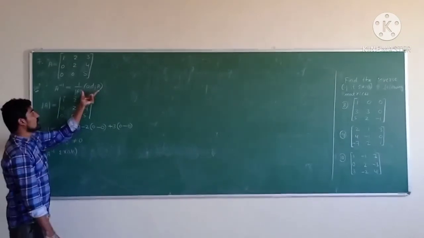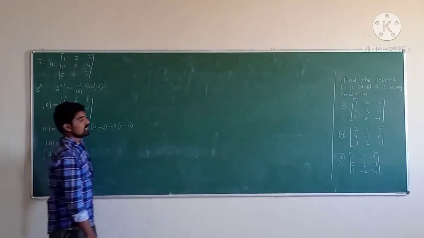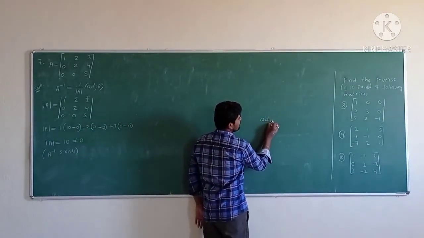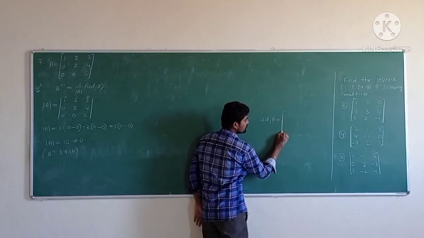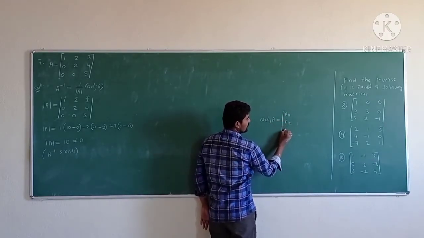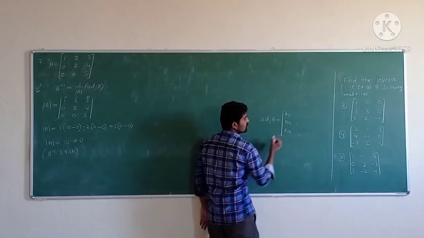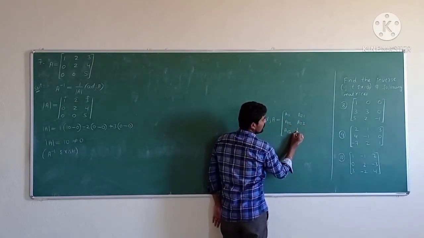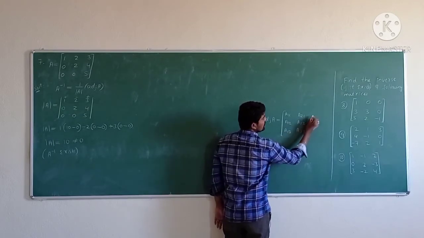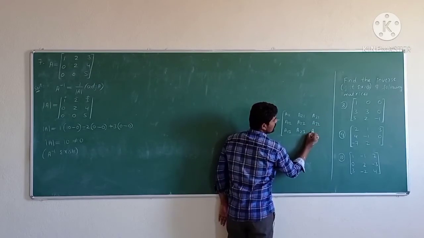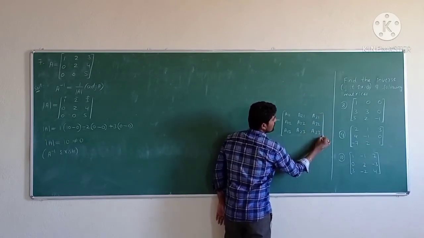And now we need to find the adjoint of the matrix A, and we know that adjoint of matrix A is equal to the matrix with entries A11, A12, A13, A21, A22, A23, and then A31, A32, A33.